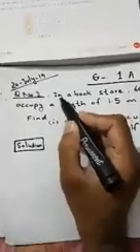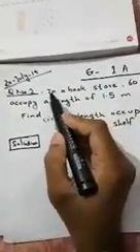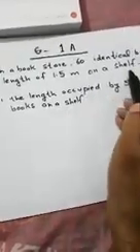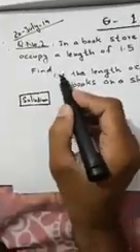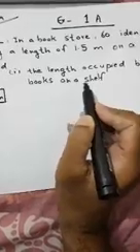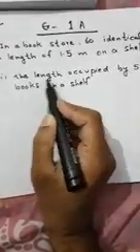In the first line of the question, he has given us information. In a bookstore, 60 identical books occupy a length of 1.5 meters on a shelf. So, in the first demand, he has asked us to find the length occupied by 50 books on a shelf. We have to find the length.